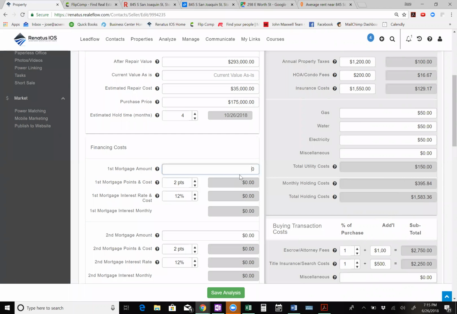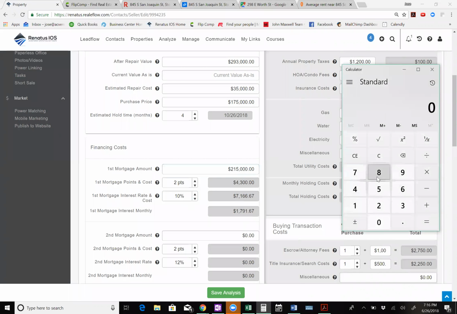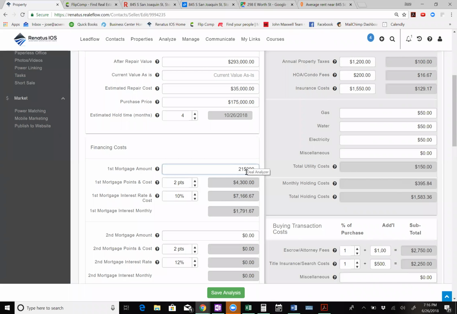So it's going to be 210,000. 210 or 215? No, you're 210, right? Yeah. So I always put 5,000 more to see how much the payment's going to be. So you see how the payment is 1,800 bucks a month. Or if you just take 1,800 times 4, 7,200. So we would actually make this probably like 225 because we always want to have a little extra money.